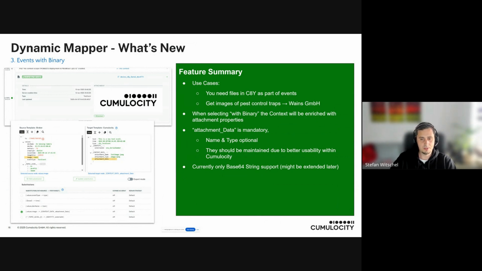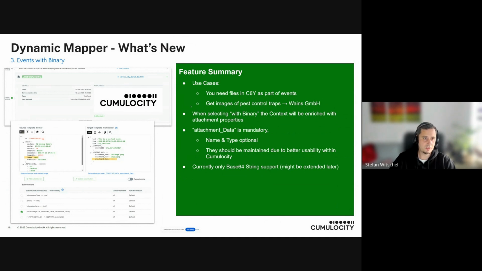And then you can map the base64 string to that. Currently we only support base64 strings, because this was the requirement, for images that should be uploaded. But of course, later on, we also want to improve it, maybe also supporting byte arrays. This depends. But currently, the only requirement we received was that base64 is sufficient.